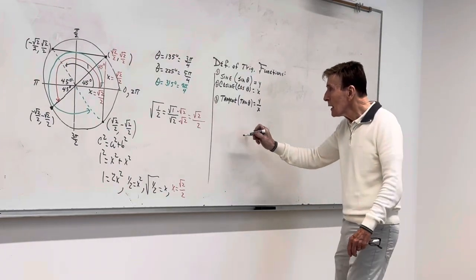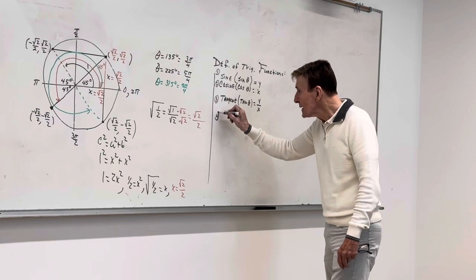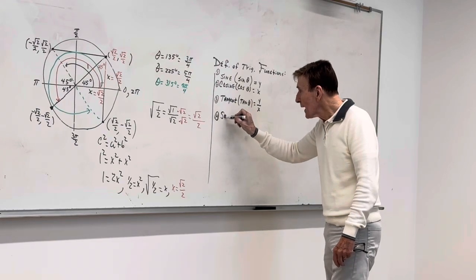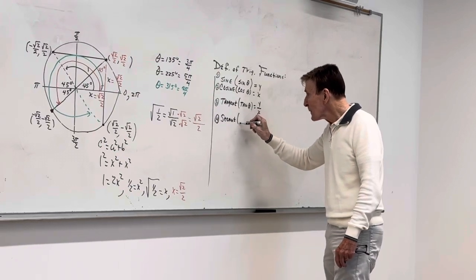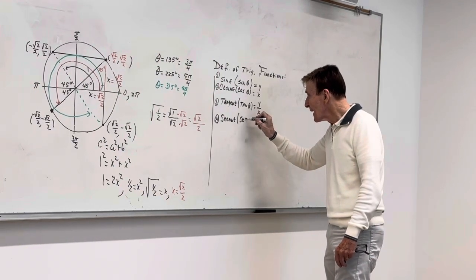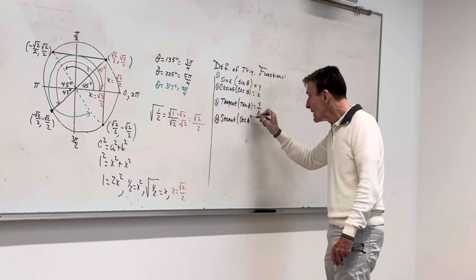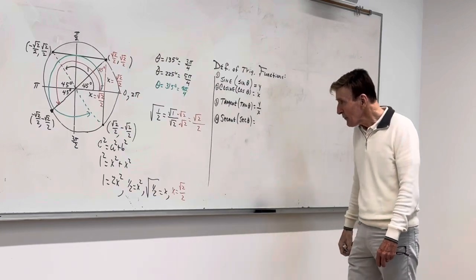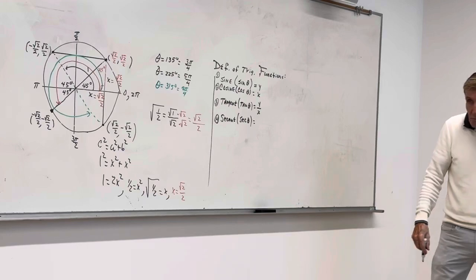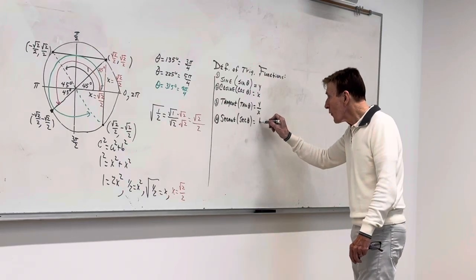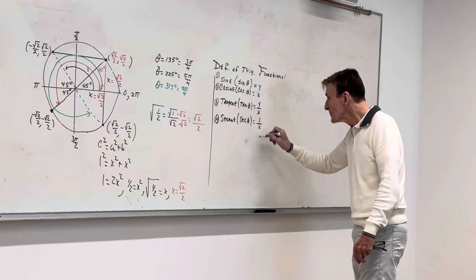Number 4, I'm going to pick up next this one, spelled this way, secant, abbreviated SEC of theta, but secant of theta. Definition, 1 over x.